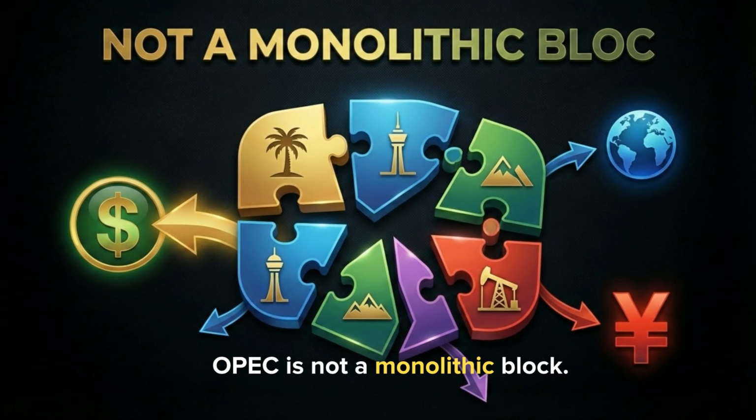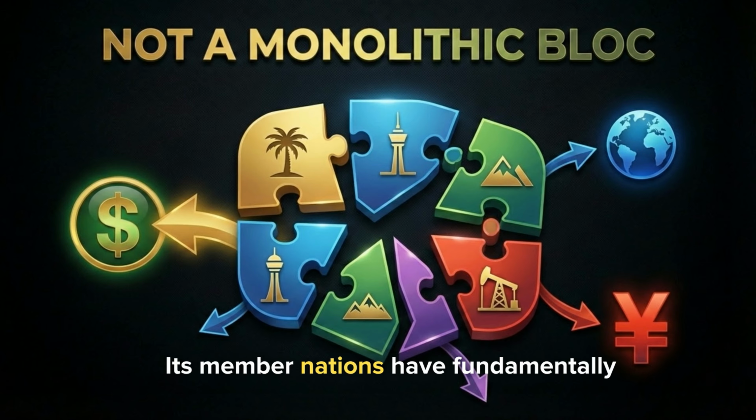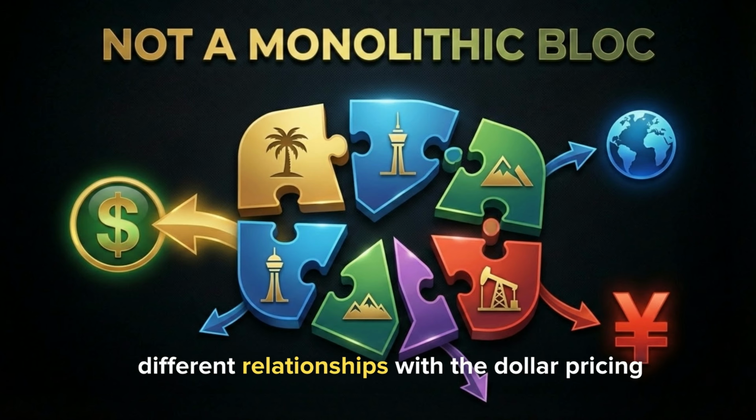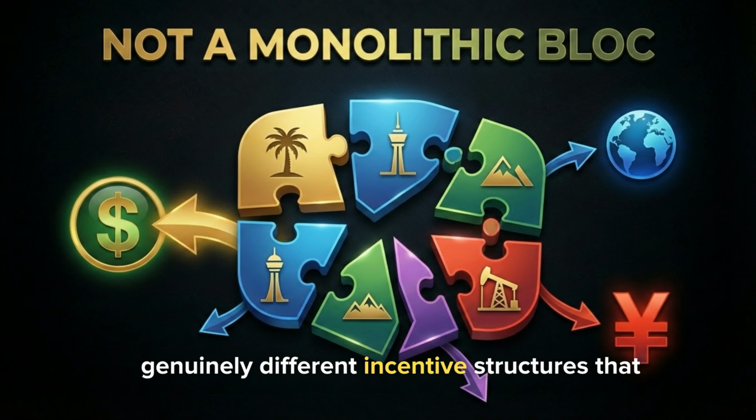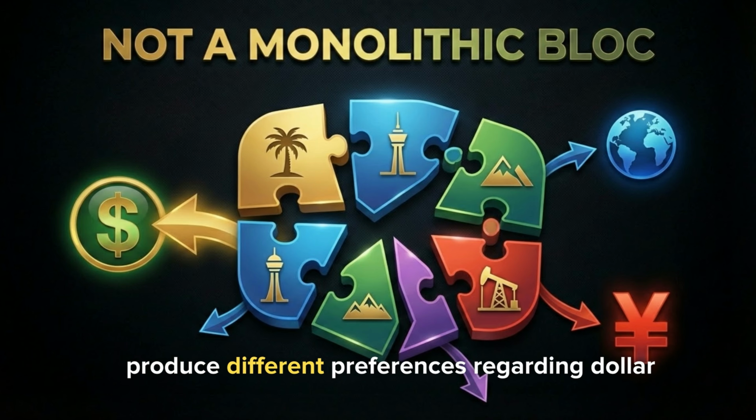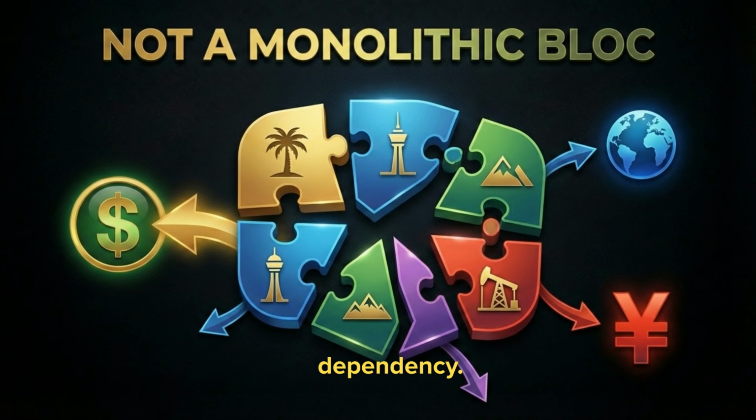OPEC is not a monolithic bloc. Its member nations have fundamentally different relationships with the dollar pricing system, different geopolitical exposures, and genuinely different incentive structures that produce different preferences regarding dollar dependency.